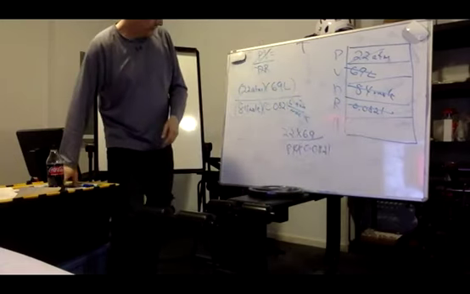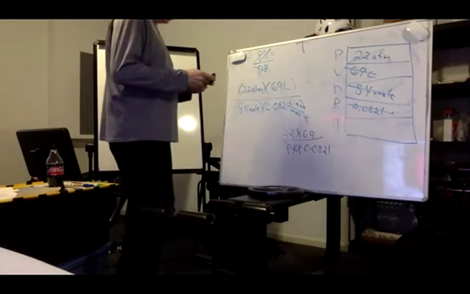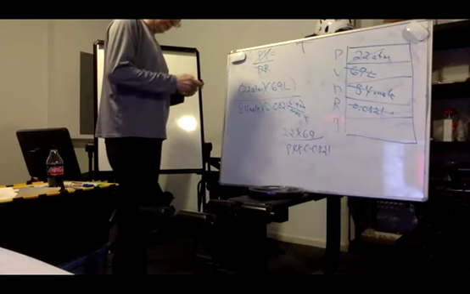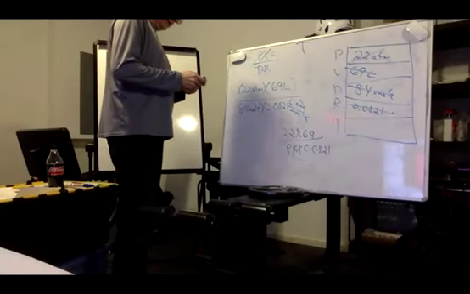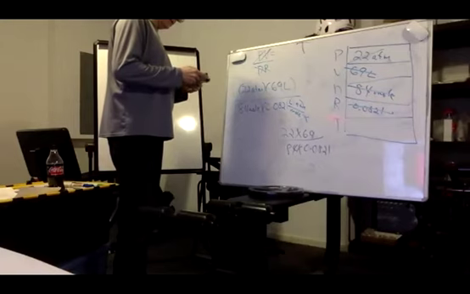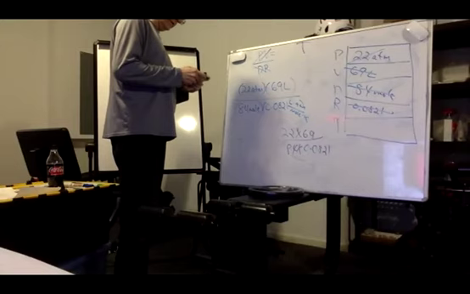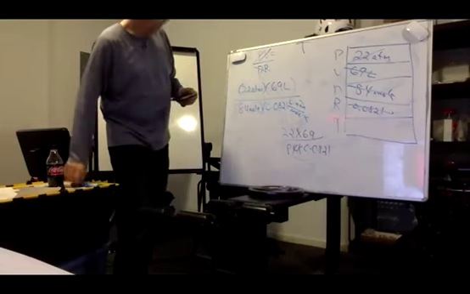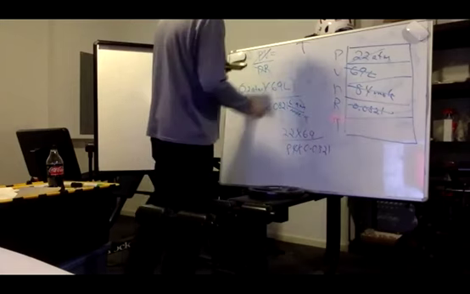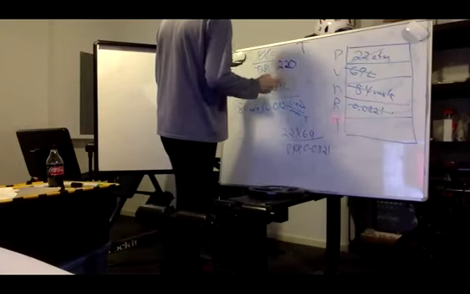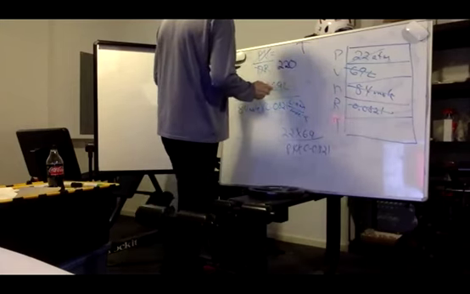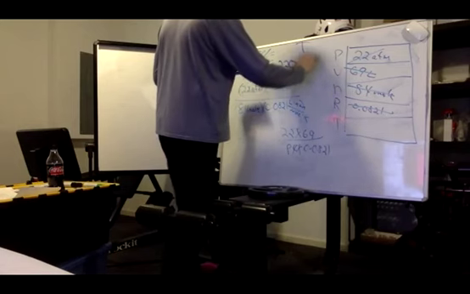Now we execute. 22 enter, 69 times, divided by 84 times 0.0821. I came out with 220.1148.